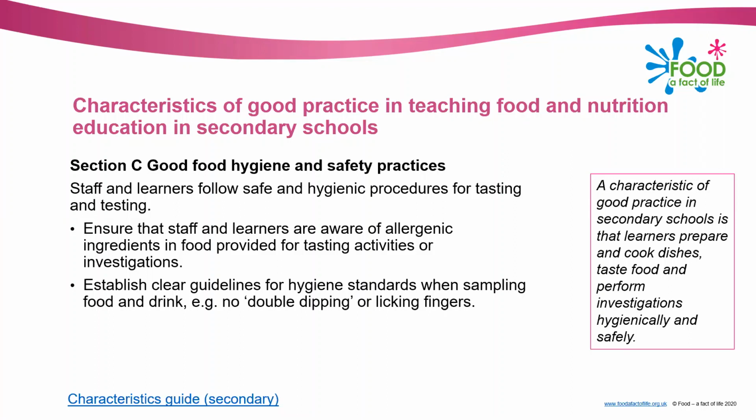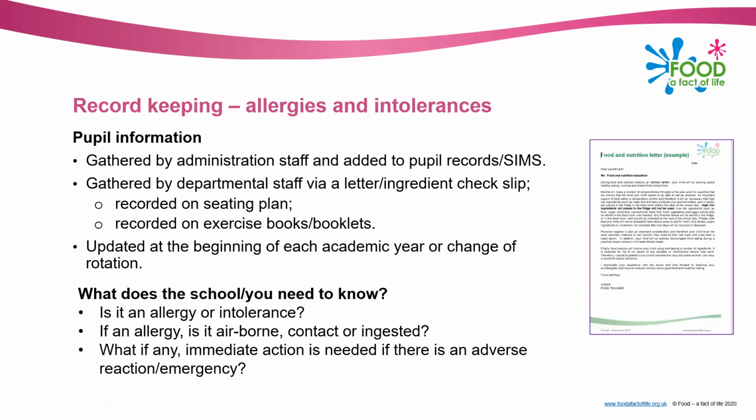So on this slide, there is a link to the characteristics guide, the secondary one, if you wanted to have a look at that. So going back to record keeping, this is just thinking a bit more specifically about allergies and intolerances. So you might find that your school gathers the information by administration staff, and this is added to pupil records or SIMS.